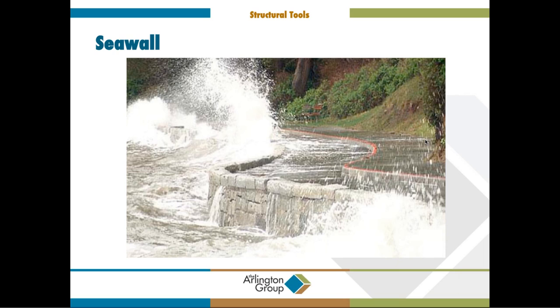The challenge with seawalls is that the energy comes straight at the seawall, and the seawall has to absorb all of that energy. It typically produces risks to the toe of the slope. You need deep excavations to protect that area from undermining, and you can see the waves shoot up very dramatically.